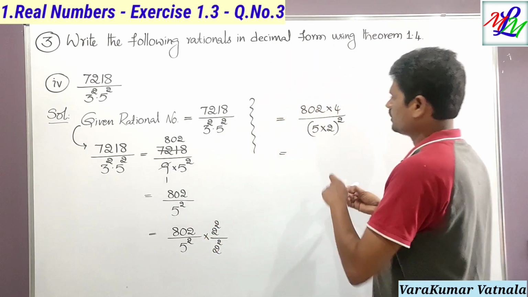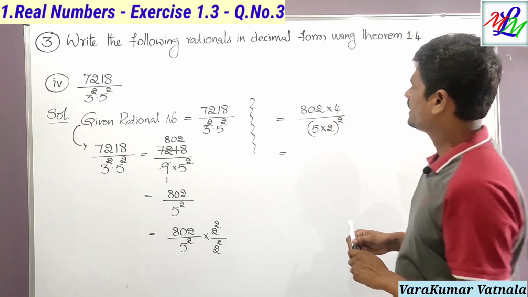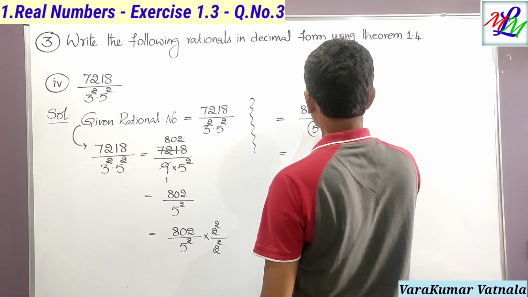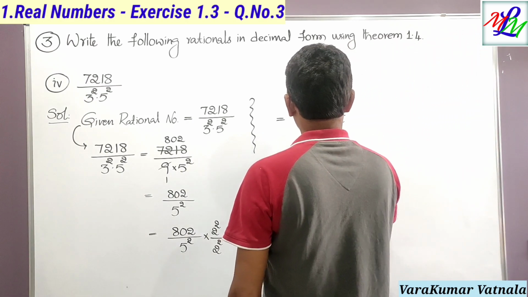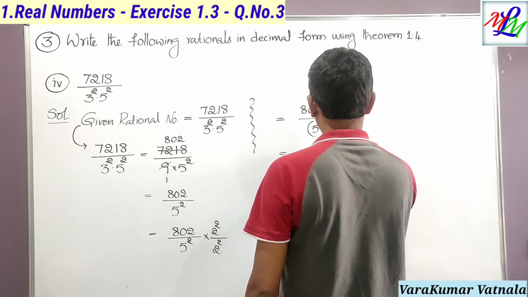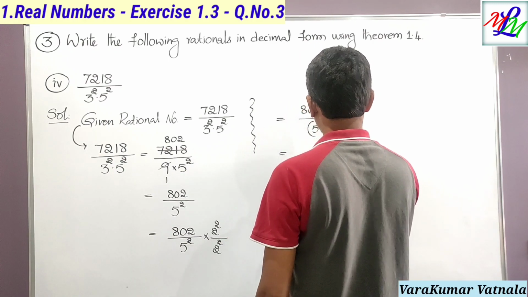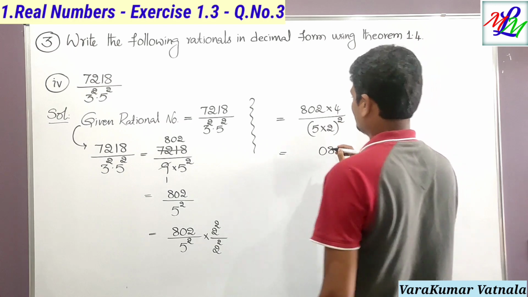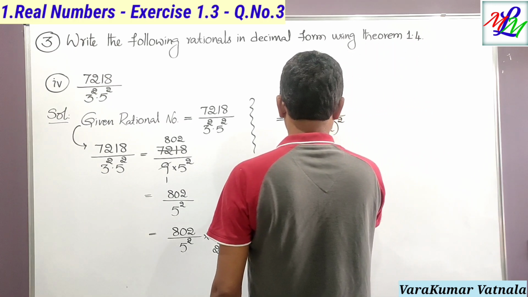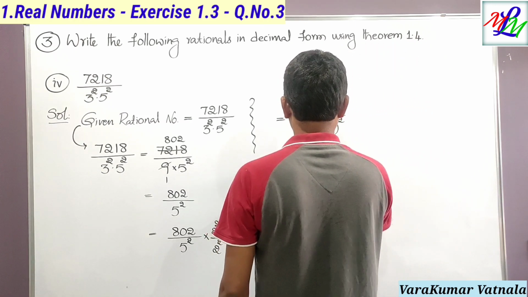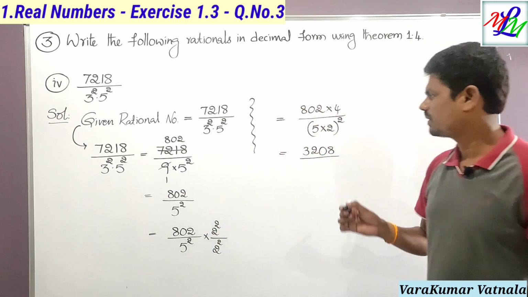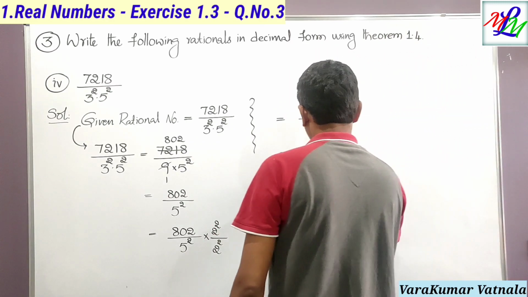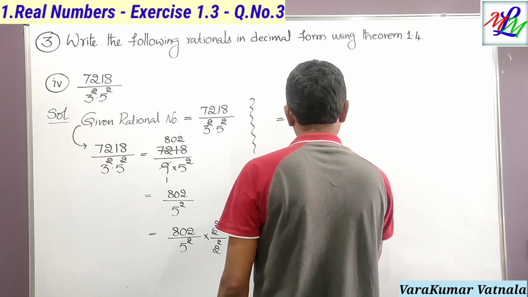So just we have to multiply these two. So 802 into 4. See student, 4 2s are 8 and 4 into 0 is 0, 4 8s are 32, 3208 divided by 5 into 2 is 10, 10 to the power 2.